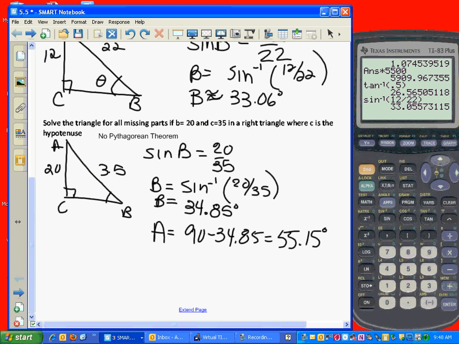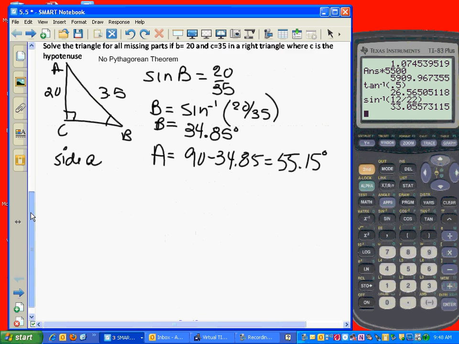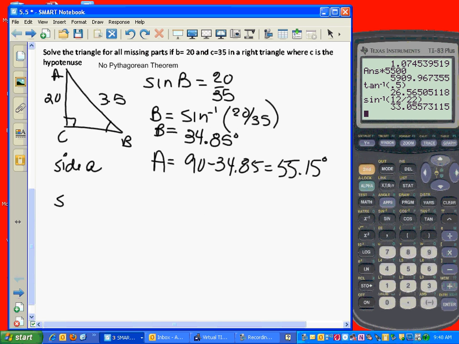All right, now I need side A. Side A is missing. It's a little a. So I don't want the Pythagorean theorem. What can I use? Sine of what? So we're using angle A. So the sine of angle A is going to be equal to little a over 35.